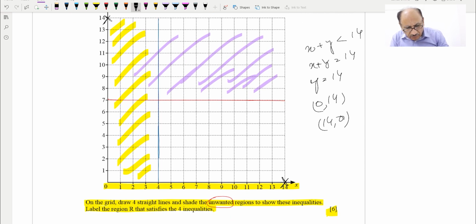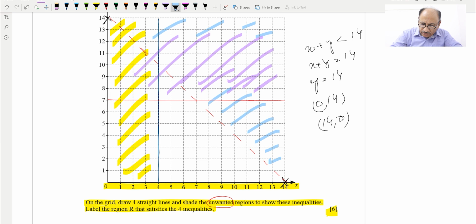So if we draw the line, it will be a broken line, so we draw a broken line like this till here. Less than is required, so more than is unwanted, so this region is all unwanted region.